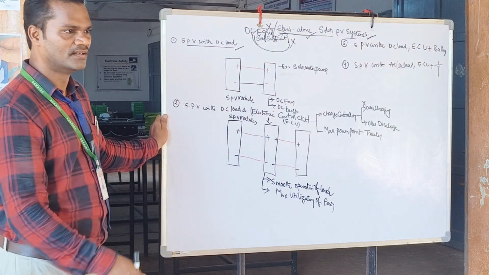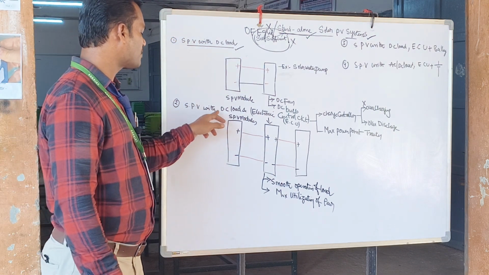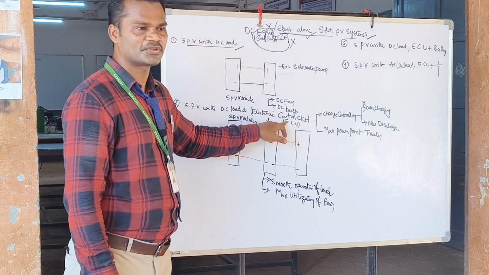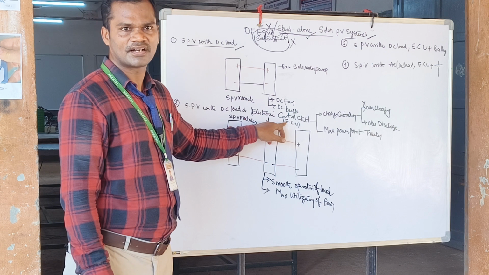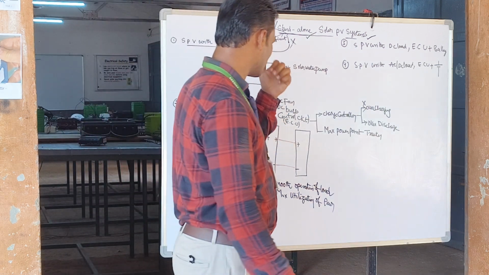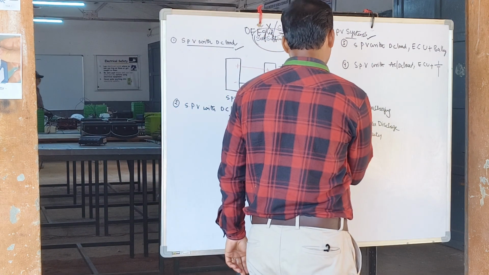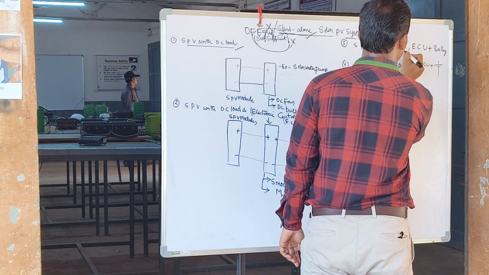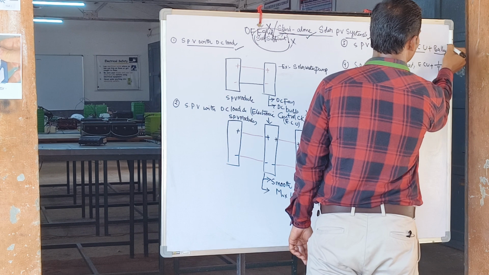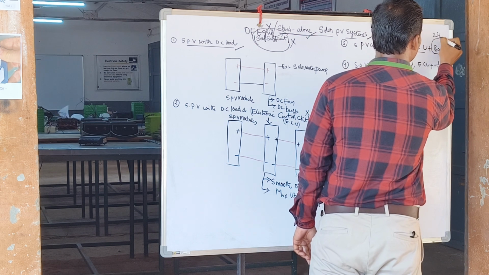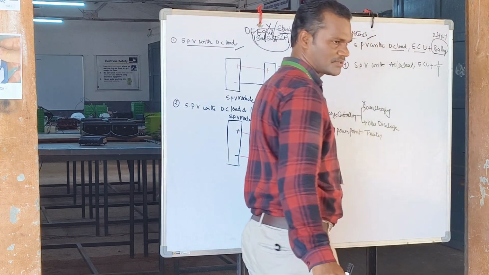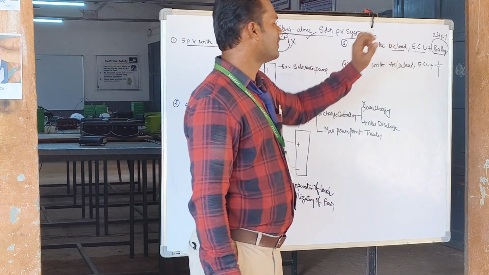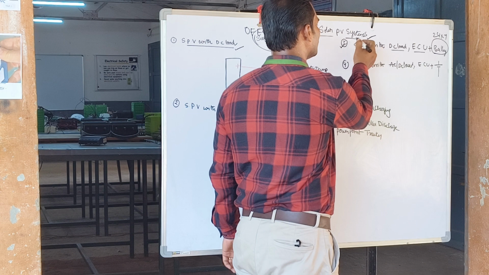That is the second classification: solar PV system with the same DC load, and the next component you add is the electronic control circuit. The drawback in this design is overcome by the third one, which consists of a solar PV system with a DC load, an electronic control circuit, and a battery which can run the load for 24 hours, 24/7. That's why we added a battery. So this is a superior design.